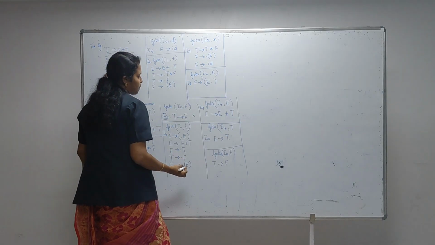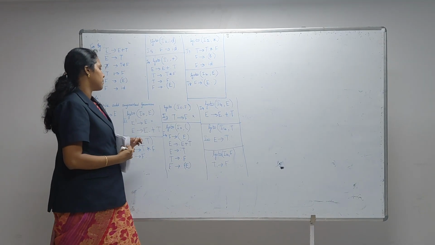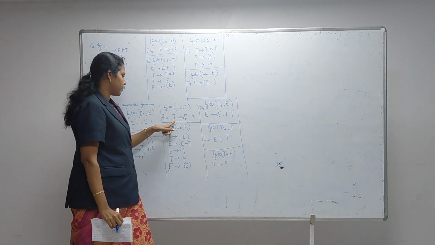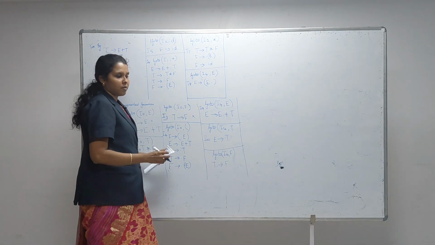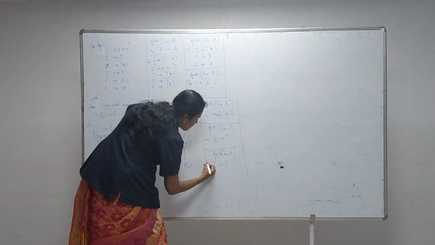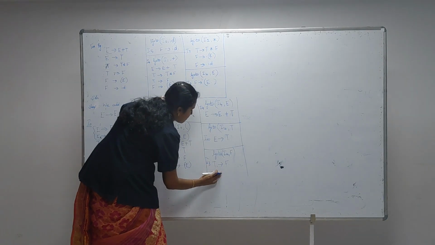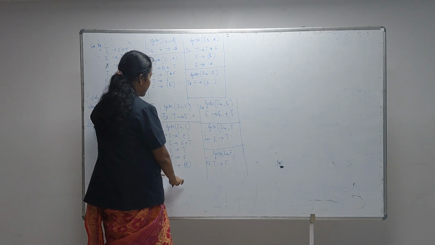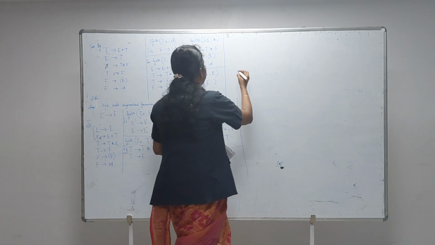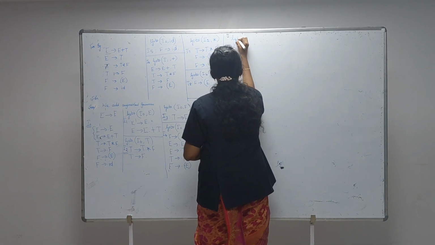So we should not give any new name for I3 because we already have the production T tends to F dot, and we have already given the name as I3. For this process also we have to give the name as I3. We should not give any new name because this production already appears over here. So next we have to move to the next productions, that is go to.